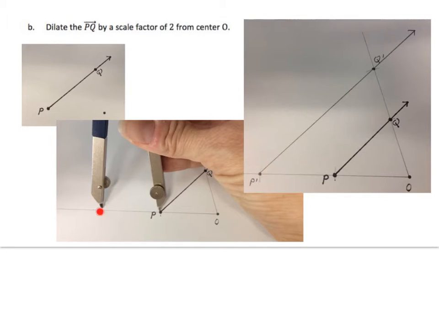This was point O. I drew lines outward, measured O to P, doubled it, P prime. Then I measured O to Q, doubled it, Q prime. Connected my dots, drew the ray through, and I have my dilated ray. Pretty simple.